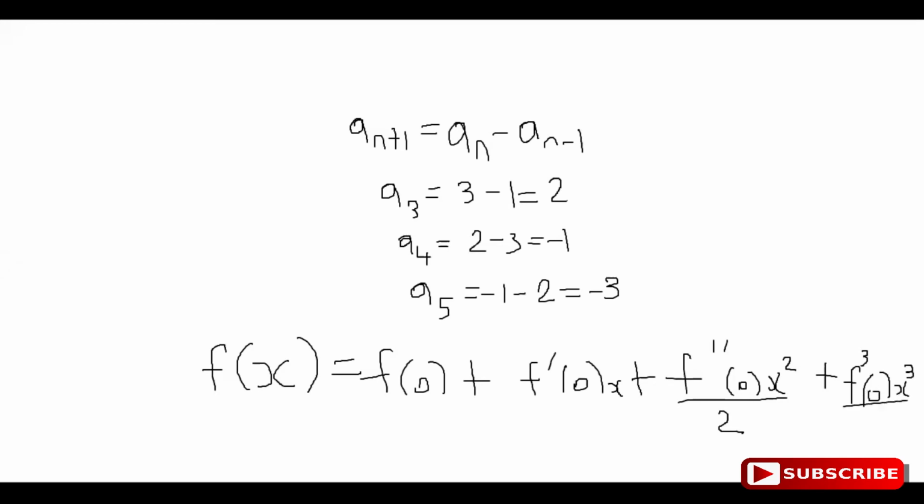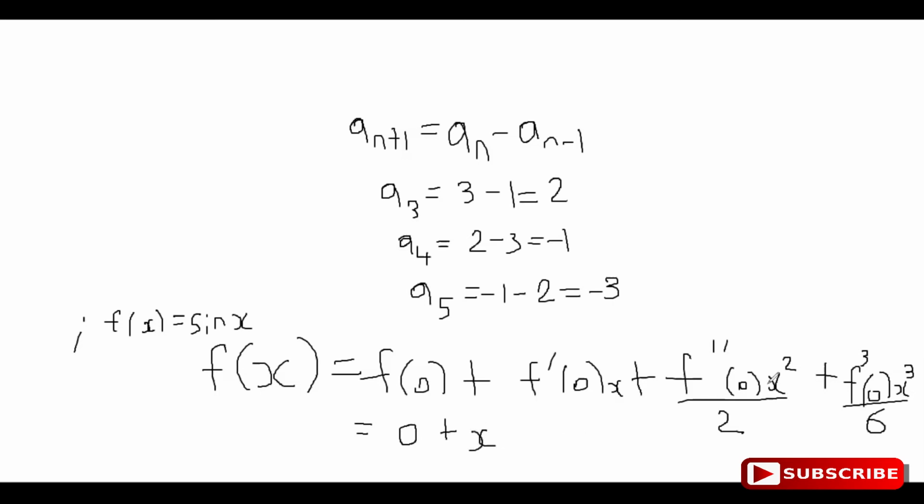Now if f of x is sine x, then f of 0 is going to be sine of 0, which is 0. So let's write it down where f of x is sine x. And so now f prime of x is, when you differentiate sine, we get cos, and cosine of 0 is 1. So we get plus x.